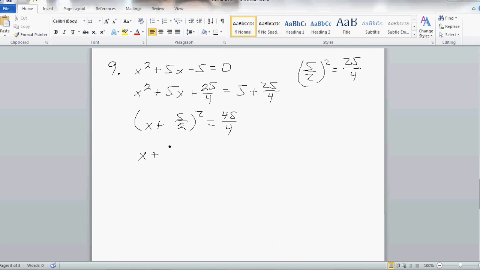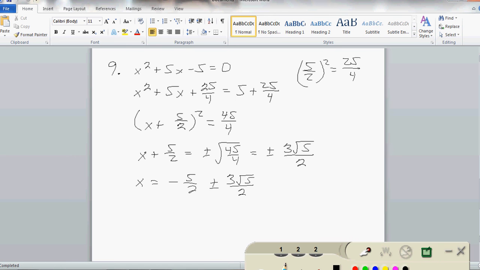So x plus 5 halves equals plus or minus the square root of 45 fourths. Now this becomes plus or minus, let's see, what can we do? We can do 3 square root of 5 all over 2. And so we get x plus 5 halves equals plus or minus this. So then all I have to do is subtract 5 halves from both sides, so that x equals negative 5 halves plus or minus 3 root 5 halves as well.